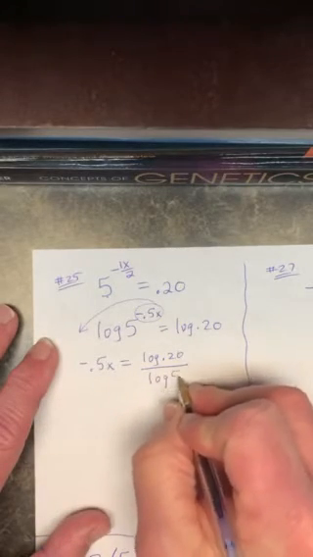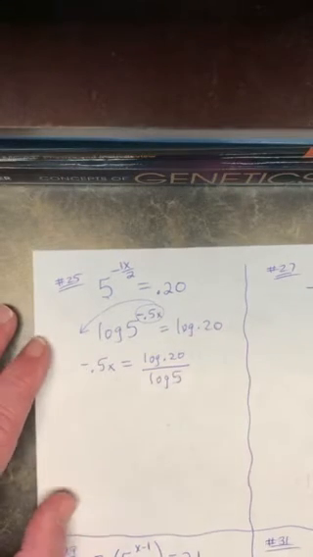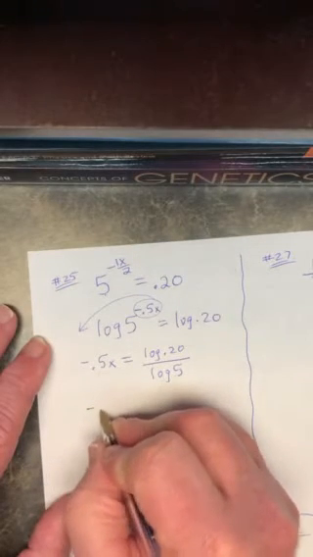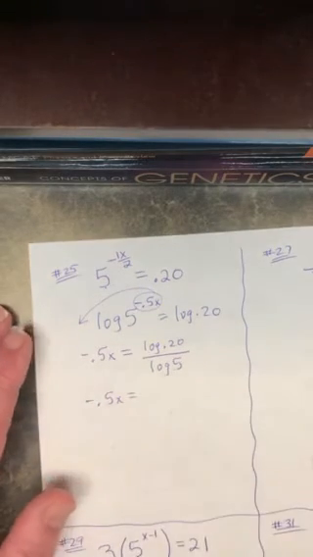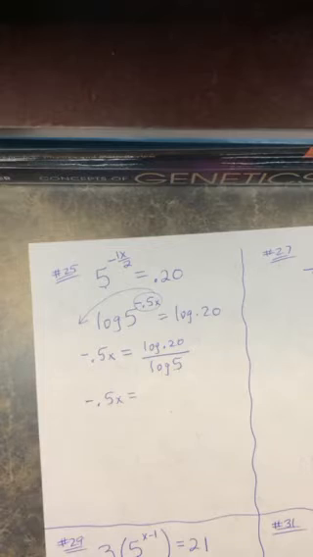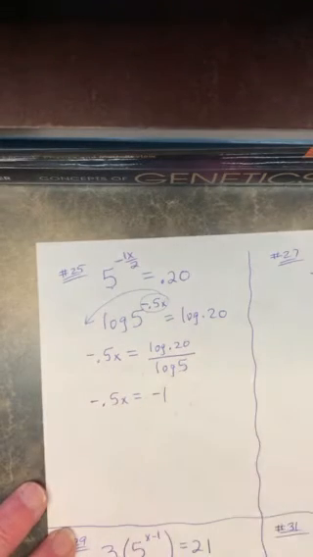Agreed? I'm just saving a step and doing that right now. So I've got negative 0.5x equals, take my calculator, I hit log 0.20, hit enter, divided by log 5, enter. I get negative 1 exactly.